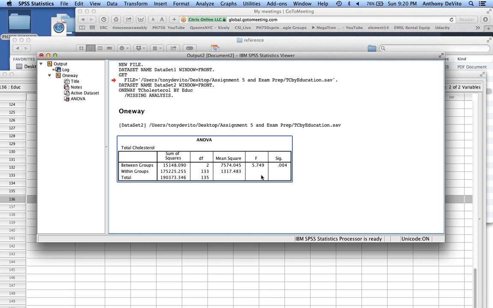Now SPSS has the advantage of being able to calculate the exact probability rather than just the critical value for an alpha of 0.05. They did calculate that in order to get an F score that high, it would only occur 0.004, or 0.4%, of the time when we would be wrong rejecting the null hypothesis.